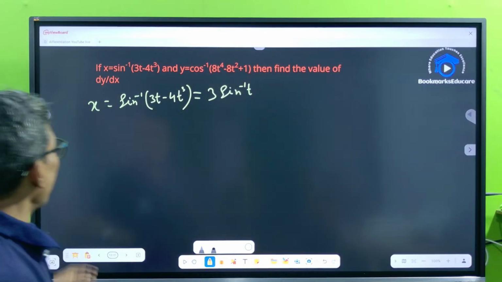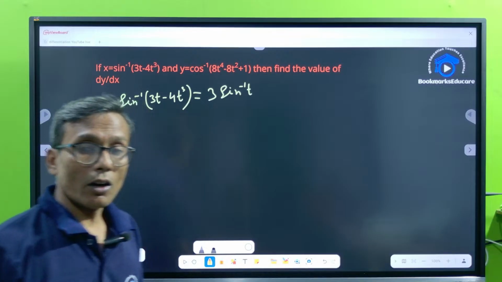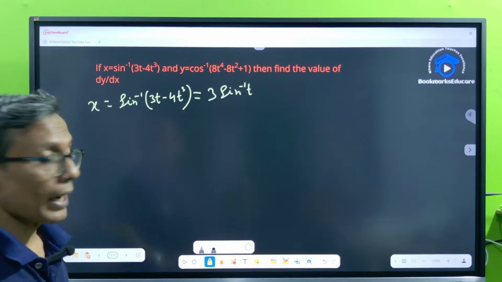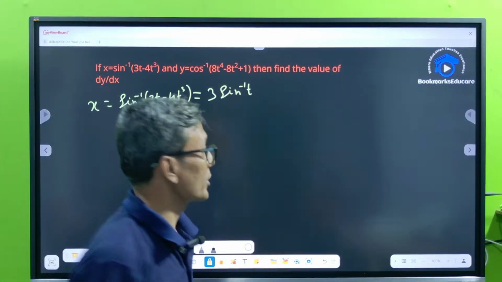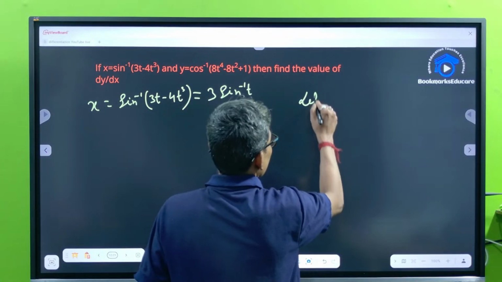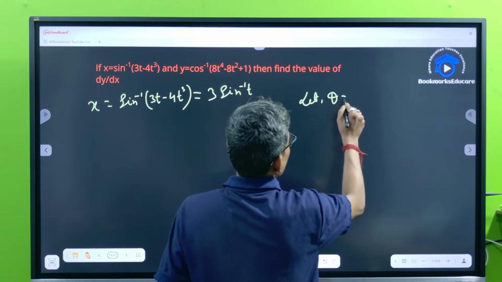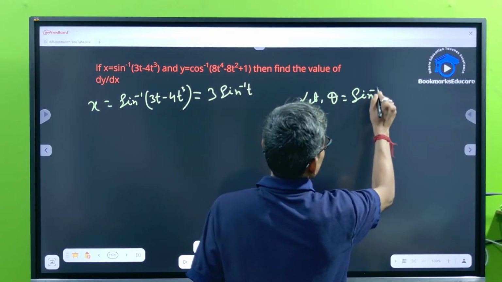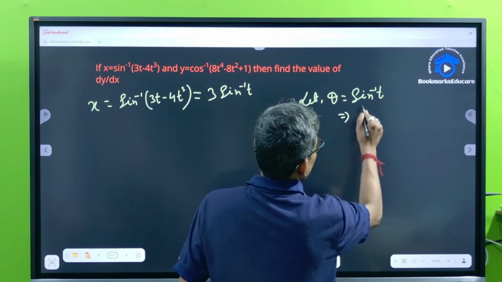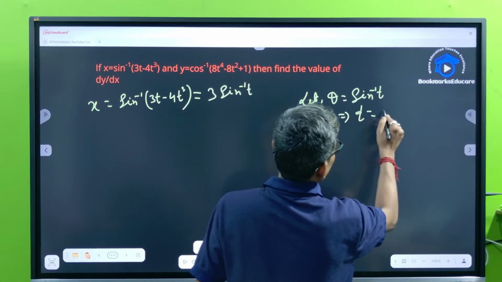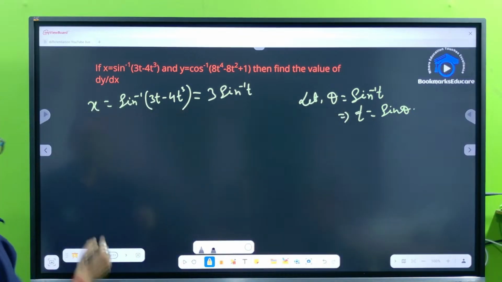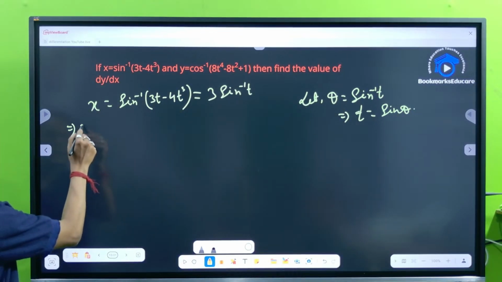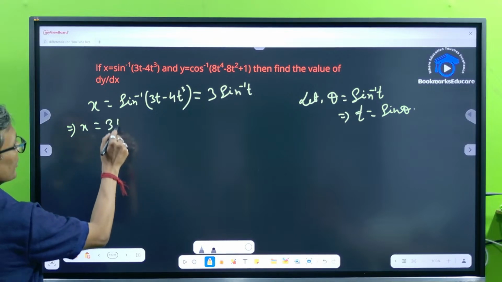We can write sine inverse of 3t minus 4t cube is 3 into sine inverse t. Now let theta is equal to sine inverse t. So t is equal to sine theta. So x is equal to 3 theta.